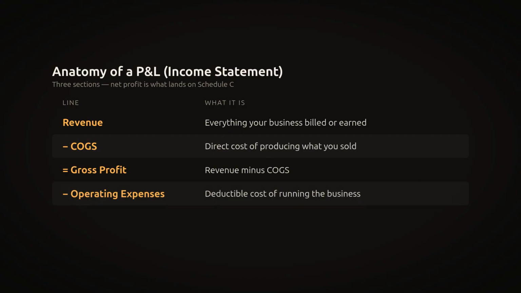Operating expenses, all the deductible costs of running your business that aren't directly tied to production. Net profit, gross profit minus operating expenses. For most service-based freelancers, there is no inventory or COGS, so revenue equals gross profit, and net profit is revenue minus operating expenses. That net profit number is what goes on your Schedule C.